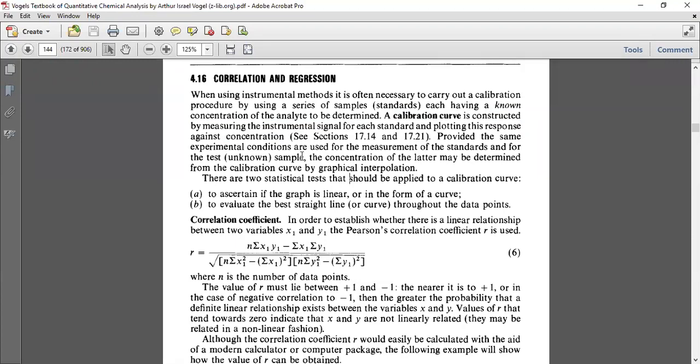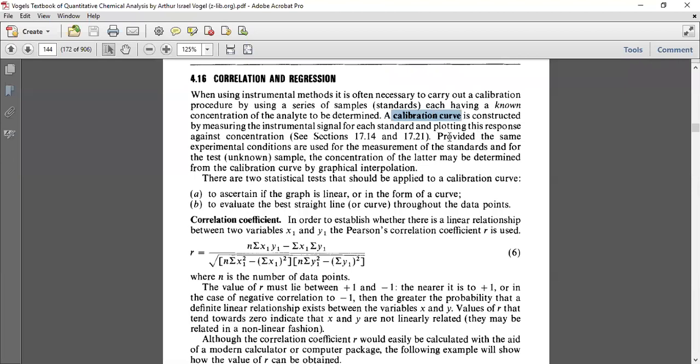For example, 2, 4, 6, 8 ppm, we made a series of concentrations, and we check absorbance: 2 ppm 0.20, 4 ppm 0.40, meaning that linearity should come, isn't it? And according to that, we will plot the calibration curve, absorbance versus concentration.